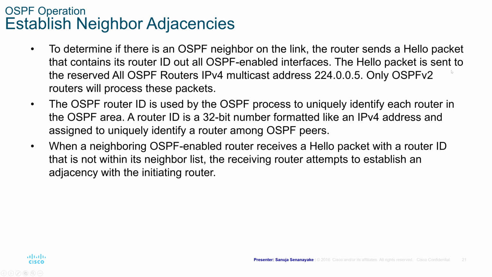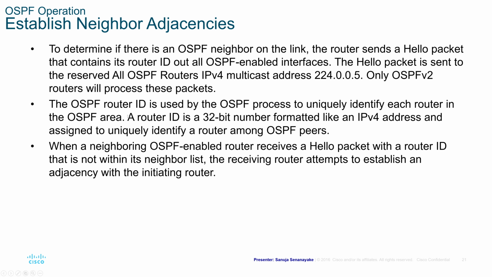The hello packet is sent to the reserved all OSPF routers IPv4 multicast address of 224.0.0.5, because in OSPF configuration, this is the IPv4 multicast address for all OSPF routers. Only OSPF version 2 routers will process these packets.